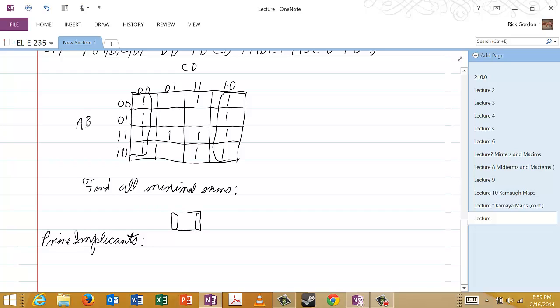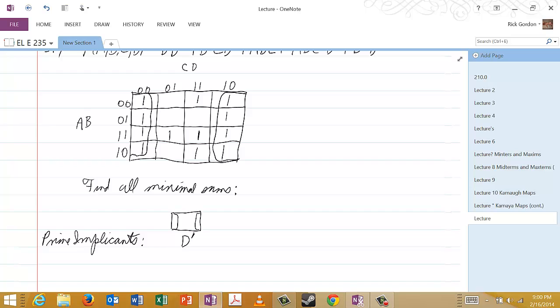The one variable that is constant is D, because D is equal to 0 everywhere here on the left, and also everywhere here on the right. Since D is constant, it will appear in the name, and since the constant that it's equal to is 0, it will be D prime. So that's how we'll name that prime implicant.